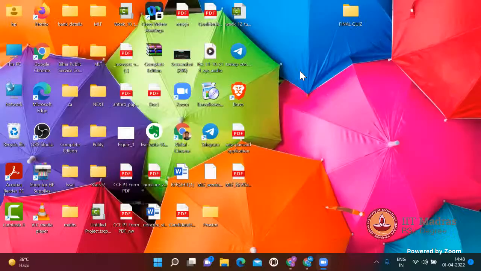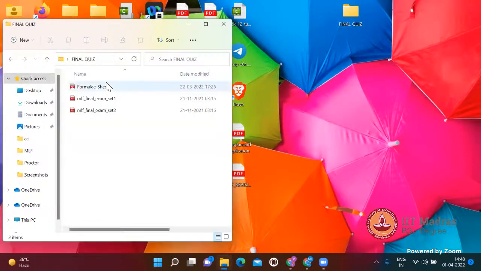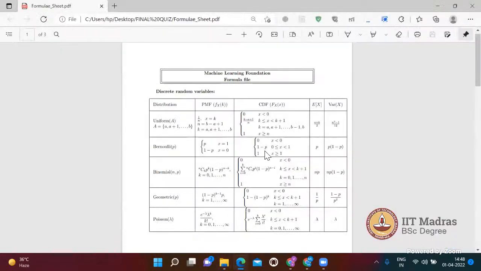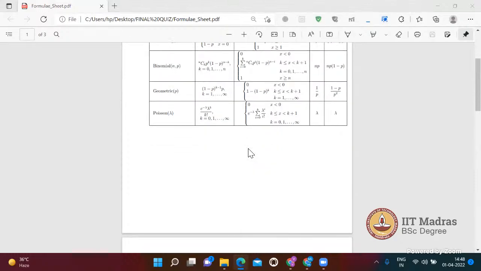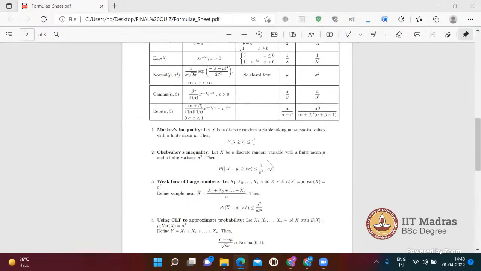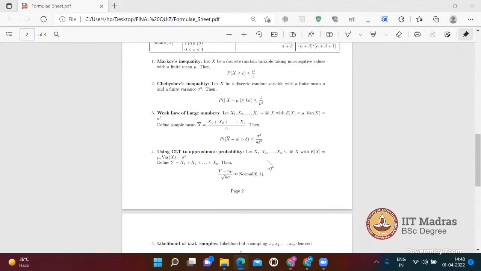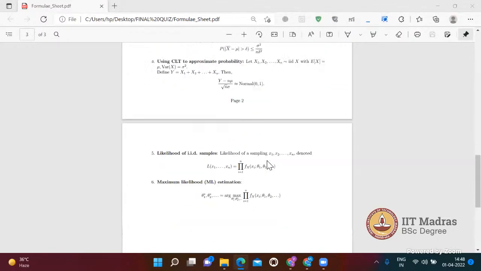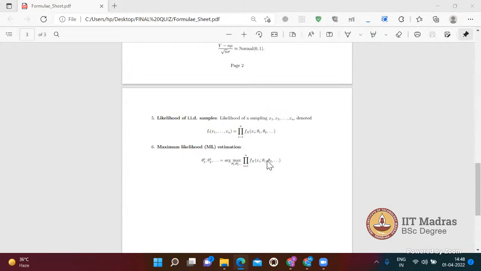One more thing, the formula sheet I'll show you once. This is the formula sheet you'll be getting in the exam itself, and it has been uploaded on the Discord also. It has the basic probability formulas, the basic Chebyshev and Markov's inequality, the CLT theorem, and maximum likelihood estimation.